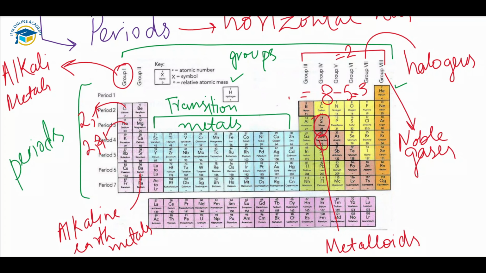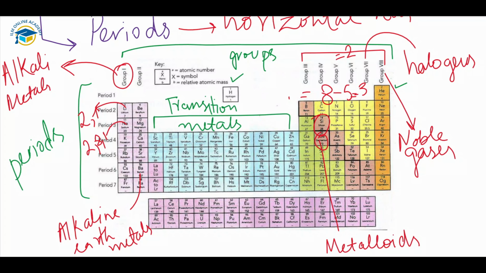Group 8 is sometimes also called the zero group elements because they don't need any electron to complete the valence shell. They have already completed their valence shells. Helium has just 2 electrons, so it has one shell, which is completely filled.